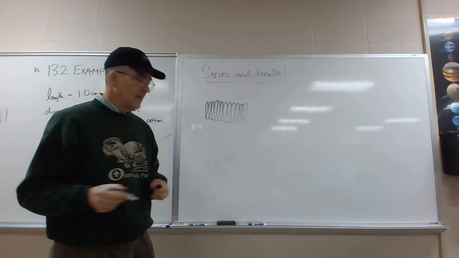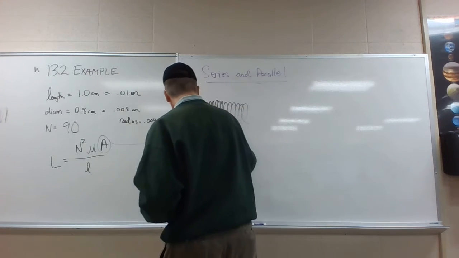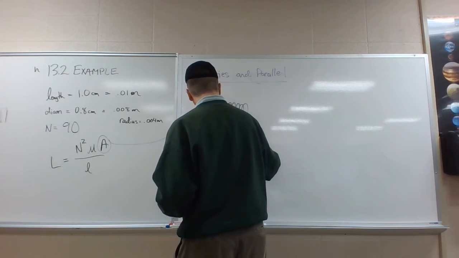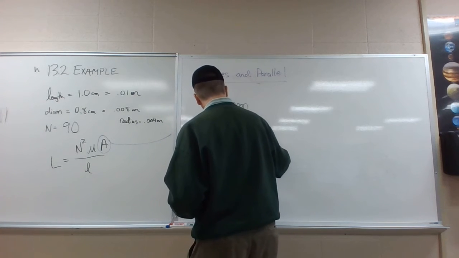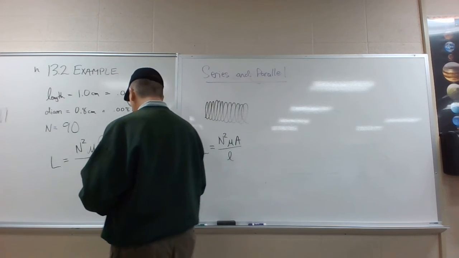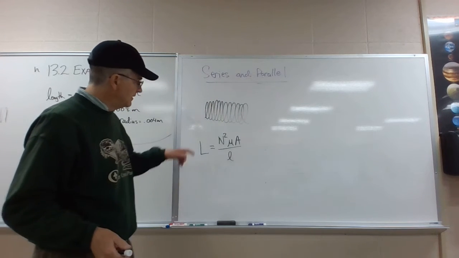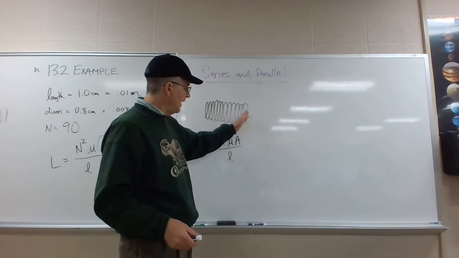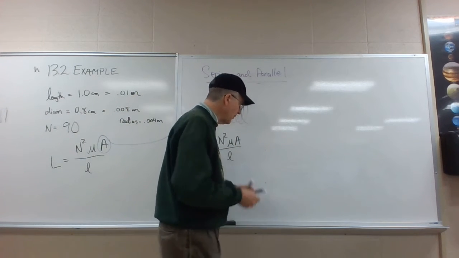The inductance formula is L equals N squared mu A over L. Now, what happens if you add another coil of wire right behind it?